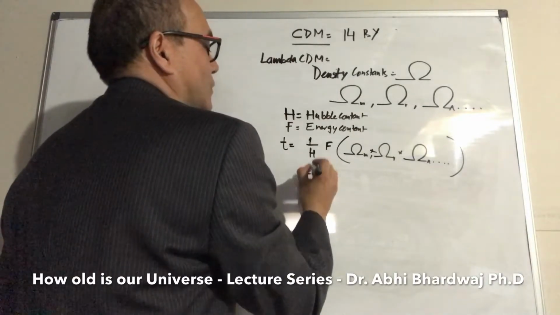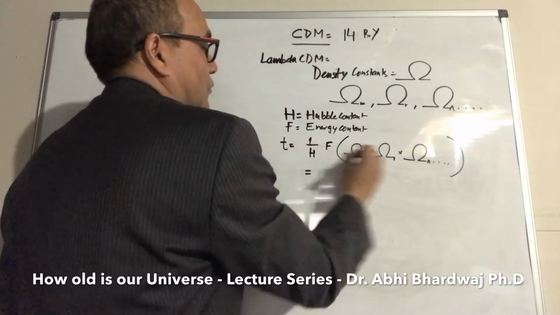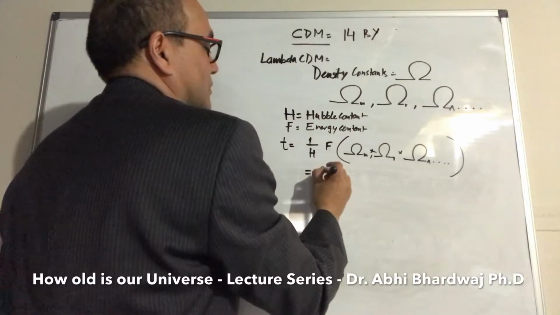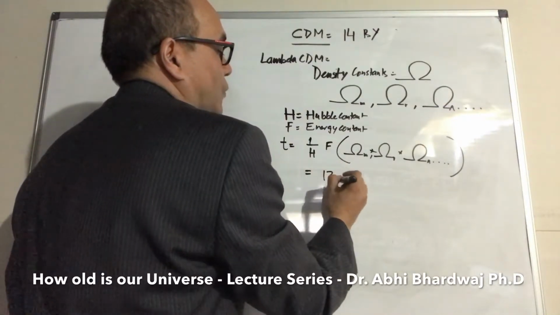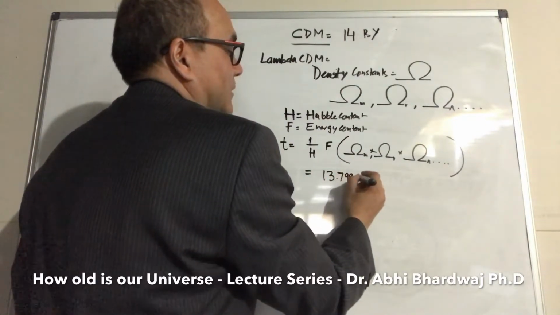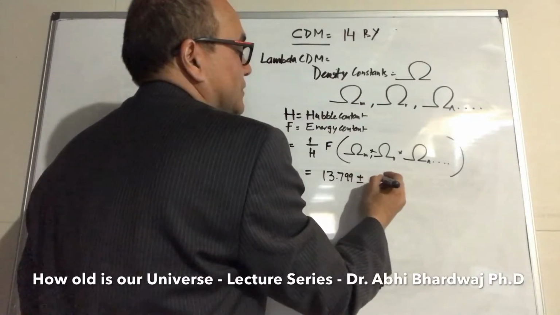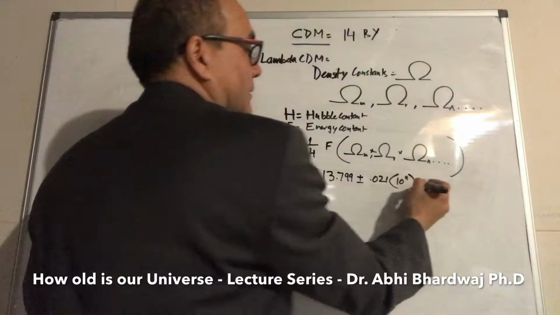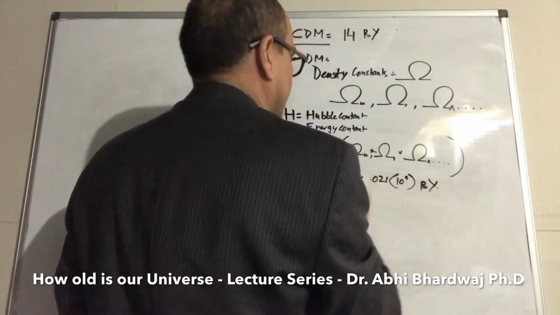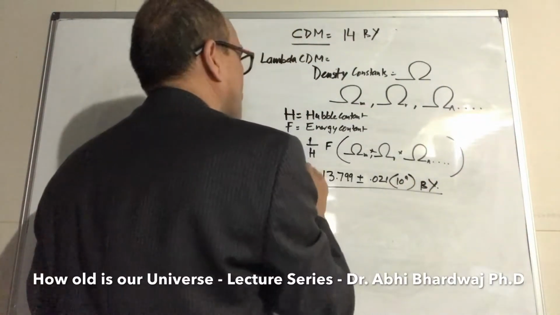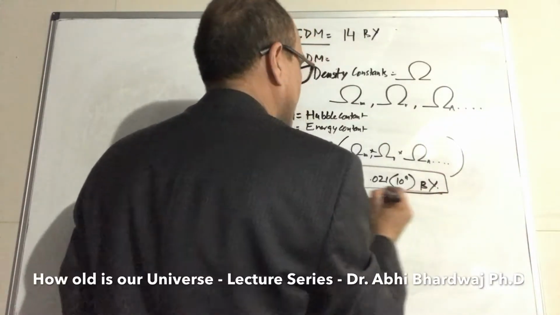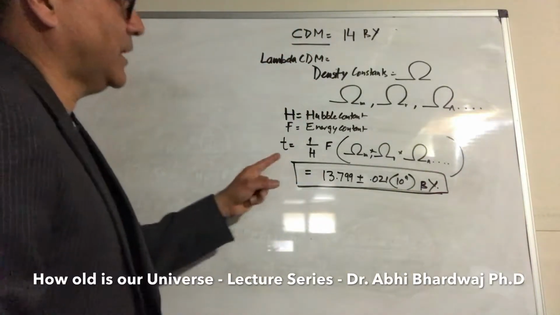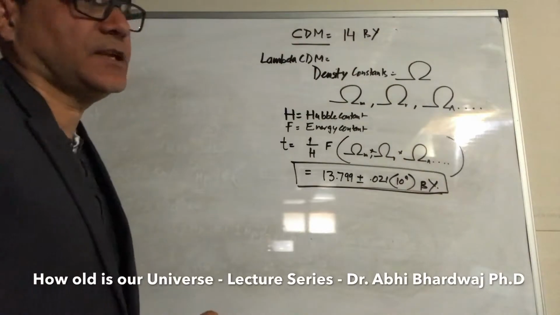And the age calculated with this cosmological model was 13.799 plus minus 0.021 times 10 to the power 9 years, so billion years.